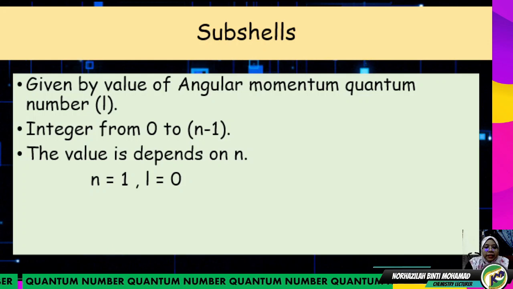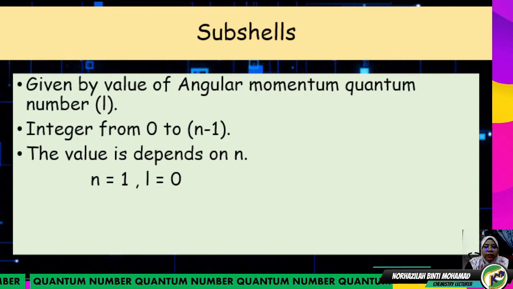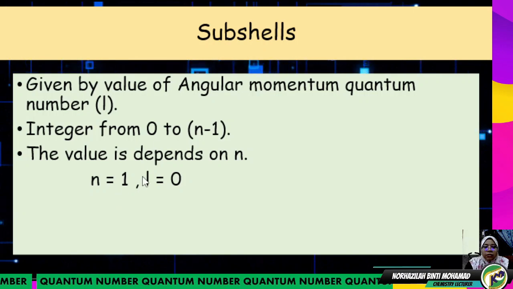If the principal quantum number n equals 1, it means the angular momentum quantum number l equals 0, because the integer starts from 0 to n minus 1. So 1 minus 1 is 0. So l equals 0. It only has one value of l, which is 0.